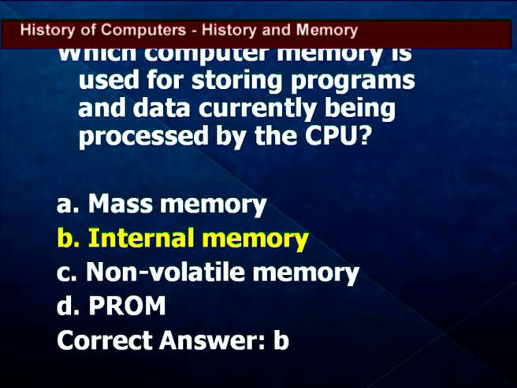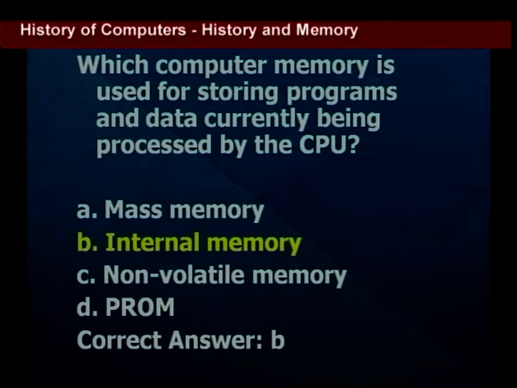Storing programs means writing in the system. Programs consist of different languages, right? These languages are written only on the computer system, languages like C, C++, Java, Oracle, different types of languages.